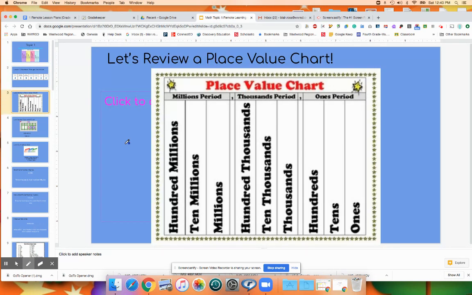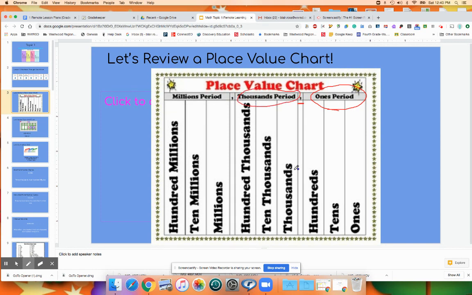Okay, so our place value is broken into parts, and they're called periods, right? The ones, the tens, and the hundreds are in something called the ones period, all right? Each period of 3 sections is separated by a comma. You see it there. After the ones period is the thousands period.